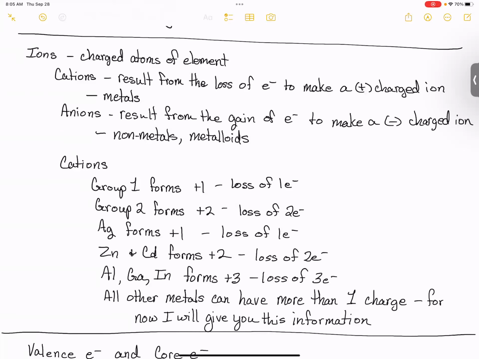So over the years, I looked at it long enough that I realized that these elements form a nice staircase on the periodic table. That staircase starts with silver. It goes to zinc and cadmium, and then to aluminum, gallium, and indium.